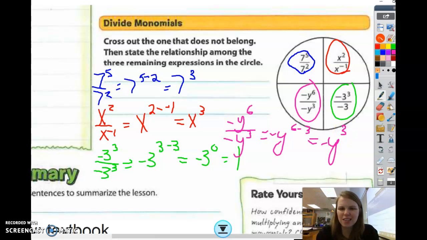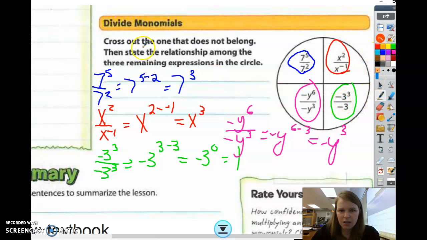Okay, so which one does not belong? Which one of those does not match the others? I think all of these have 3 as an exponent.